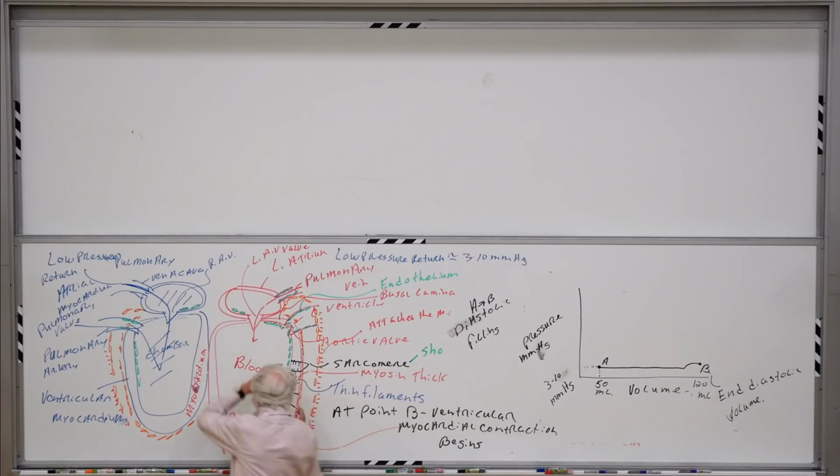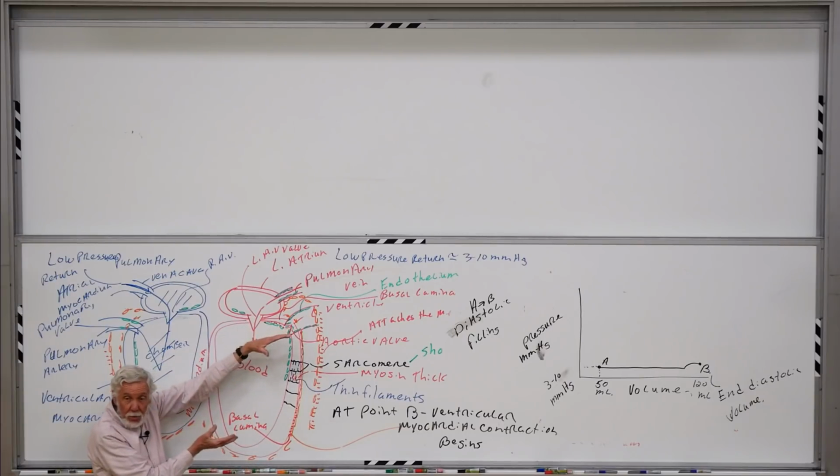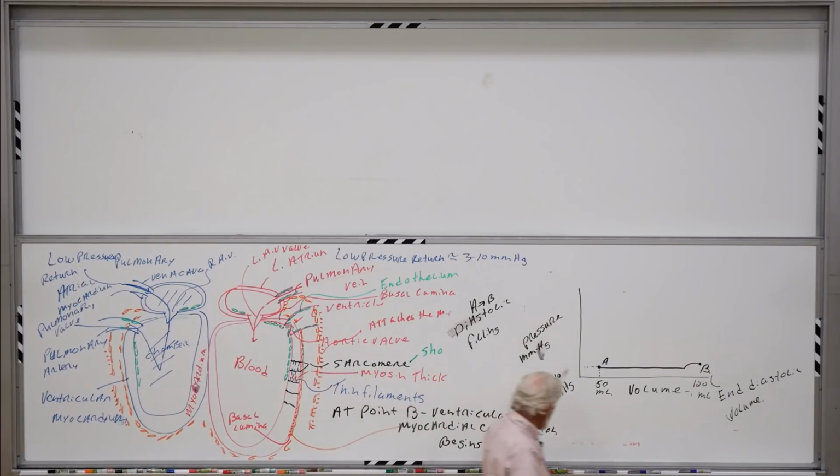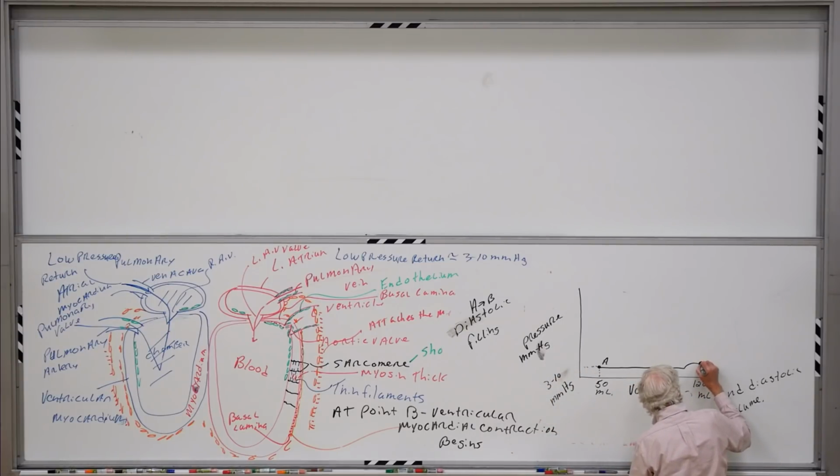In other words, at point B, we begin to shorten the sarcomeres. As we shorten the sarcomeres, we generate a pressure, a force on the fluid contained within the chamber. So the pressure now begins to go up, and that's shown here. So here in this line, we now see an increase in pressure, and the pressure increases and increases and increases until we reach the point here of point C.